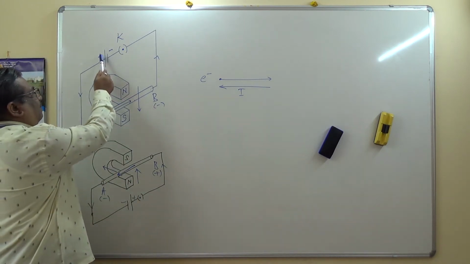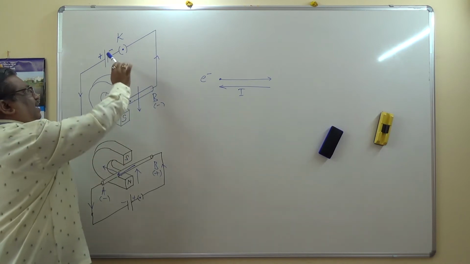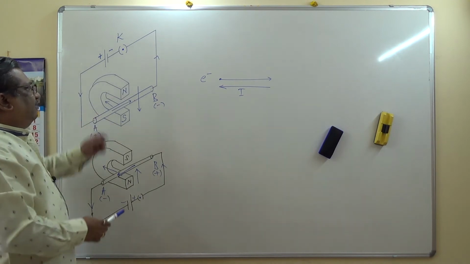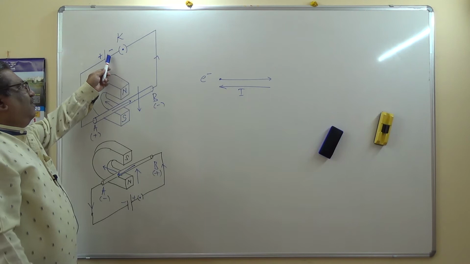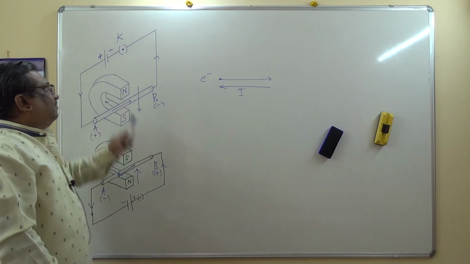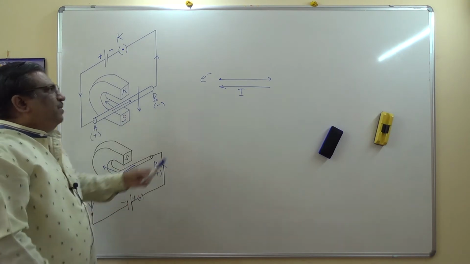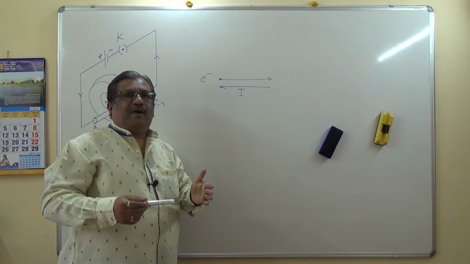Current flows from the positive terminal of the battery to the negative terminal externally, but the electrons move from the negative terminal to the positive terminal. Conventionally, the direction of electric current is opposite to the direction of the electrons. If the electrons move this way, current flows the other way.